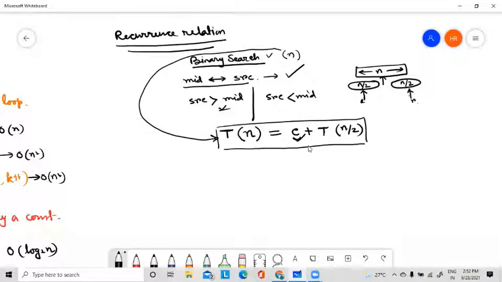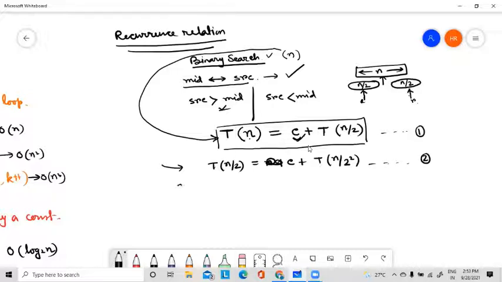Now, by using the substitution method, we can solve it. See how we can substitute. In T(n), I will put n by 2. So I will get T(n/2), and this equation becomes c + T(n/2^2). If this is equation 1, this is equation 2.